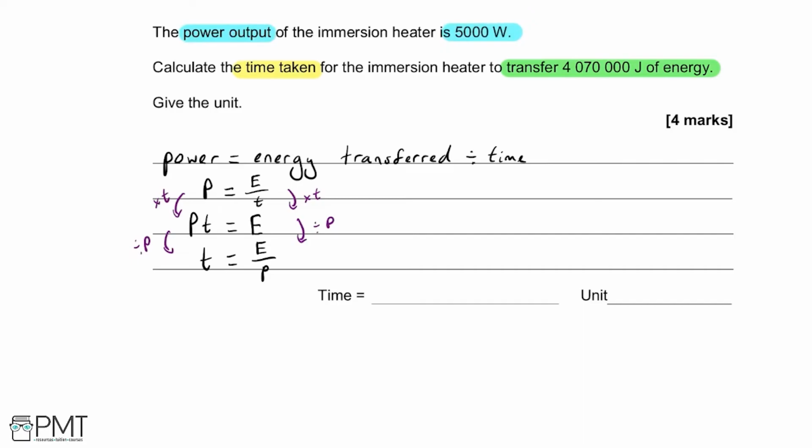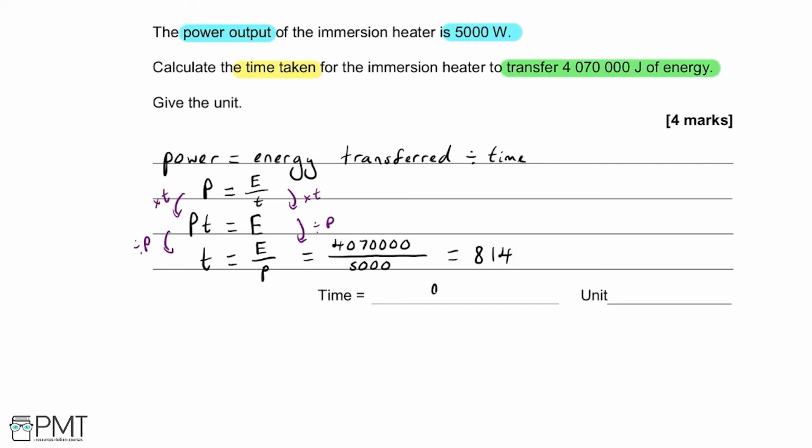So if we substitute those values in, 4,070,000 for E, and we're dividing that by 5,000 for P. Putting that into your calculator will give you an answer of 814.